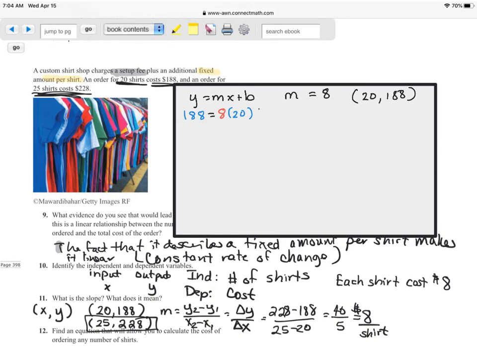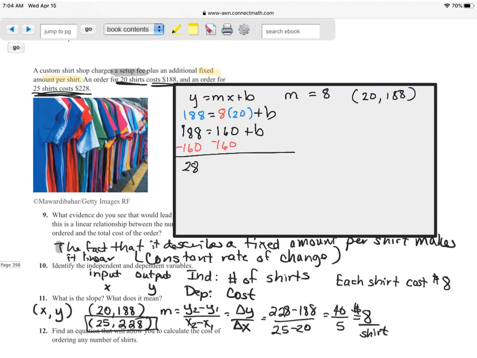And then I think you see that that leaves us with the b that we have to solve for. So I have 188 equals 160 plus b, and then let's subtract that 160 from both sides.